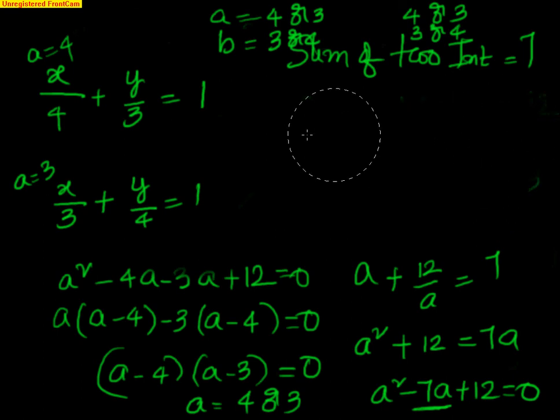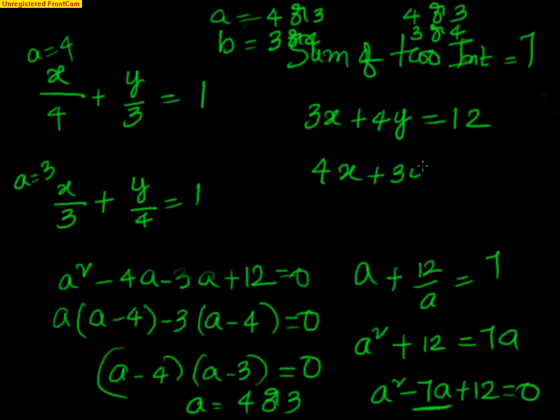The next step of these equations will be 3x plus 4y equal to 12, and also 4x plus 3y is equal to 12. These are the two equations. I think you got it. You took LCM here, so 3x plus 4y, move it there, 12. Similarly here 4x plus 3y equal to 12.